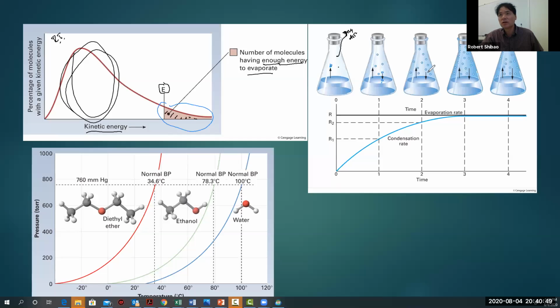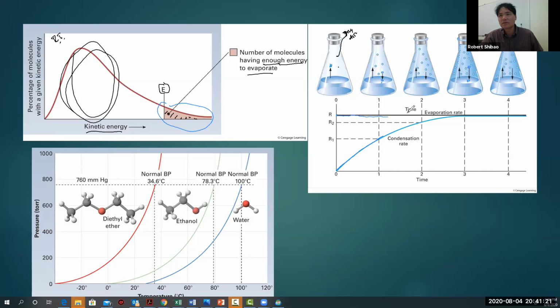The reason the condensation rate is growing is because we're getting more and more chances that a water molecule will come and strike the surface and stick. Once we have enough molecules condensing back on the surface, you'll notice the evaporation rate is not increasing.